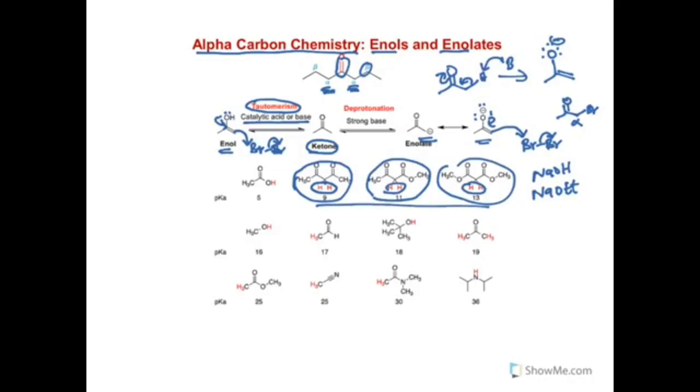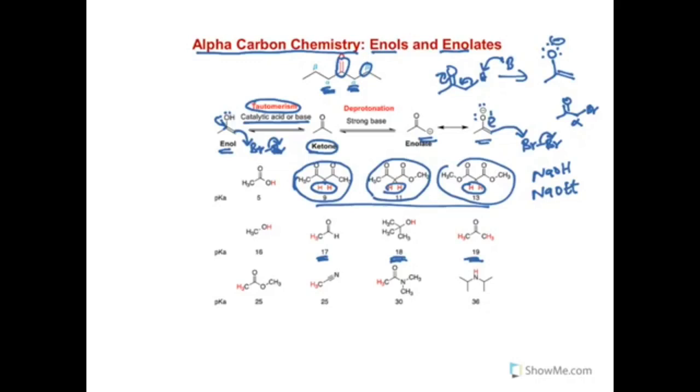Now, if you want to deprotonate a ketone, an alcohol, or an aldehyde, we would need a base whose conjugate acid has a higher pKa than the compound we want to deprotonate.